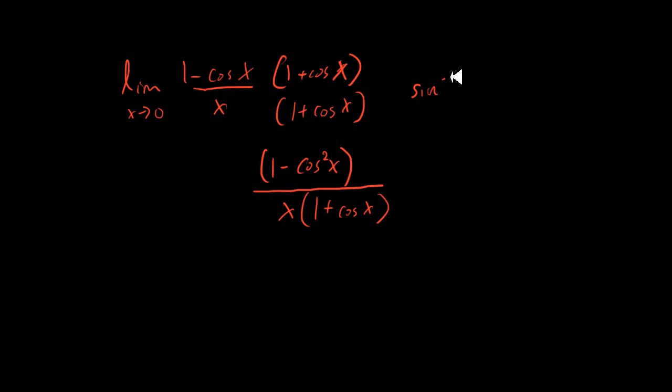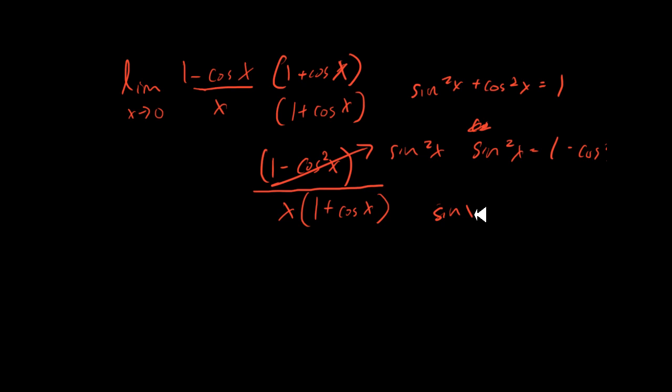Because sine squared x plus cosine squared x equals 1, we can say this can be substituted with sine squared x. So we have sine x times sine x over x times 1 plus cosine x.